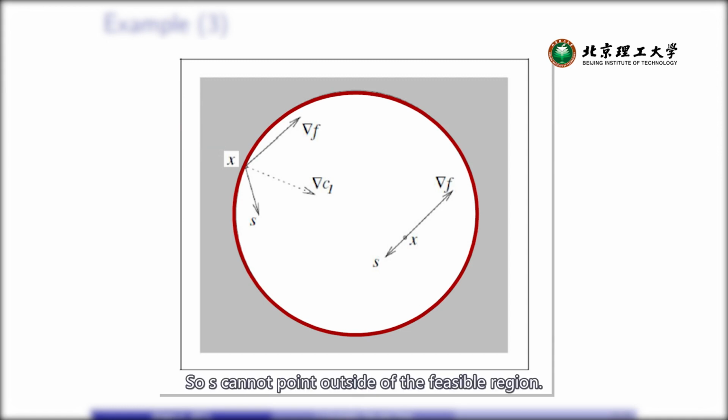So s cannot point outside of the feasible region. In contrast, s can only point inside of the feasible region. So this means that different from equality constraints, we have more constraints on the search direction to keep the next point feasible.